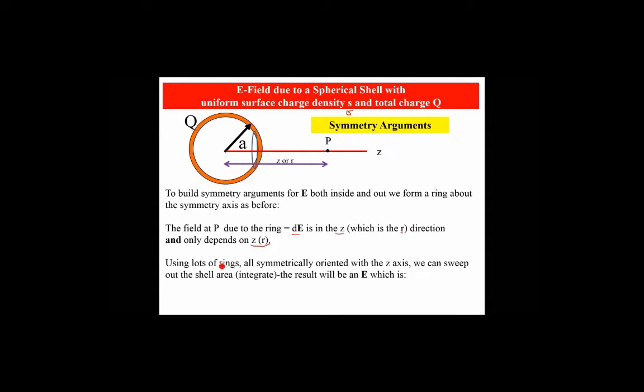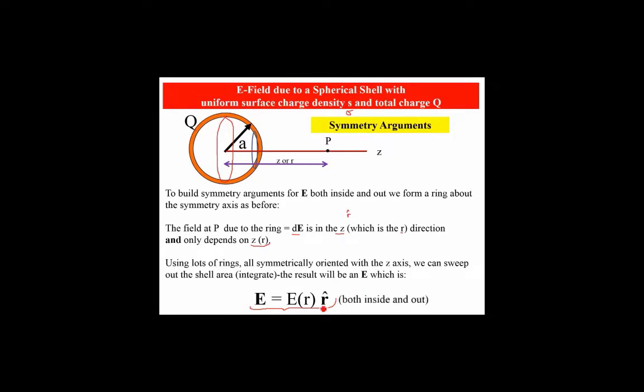If we integrate over all these rings, each one oriented just like the other one, so it's always perpendicular to the z-axis, they will all satisfy this, that it's in the z direction, which is the r hat direction, and it only depends on r. That means we end up with the same form that we had for the uniform charge, namely that E is equal to a scalar function of r only in the r hat direction.